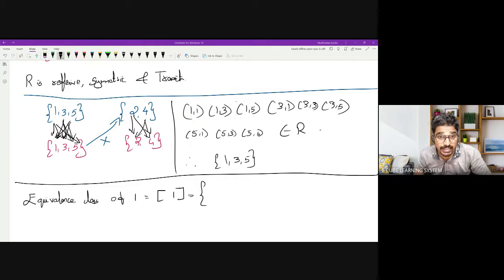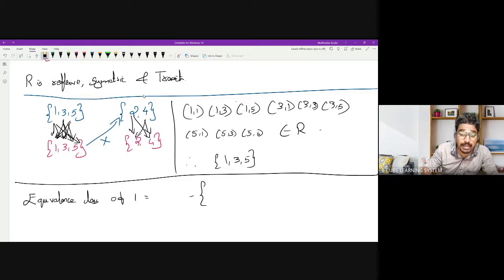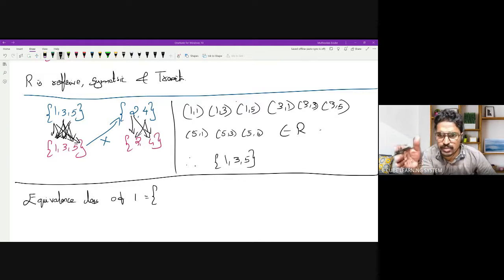It is a set containing, as in the definition, all elements related to that particular element. Equivalence class of 1 means the elements related to 1. Which are the elements related to 1? 1 1, 1 3 and 1 5.